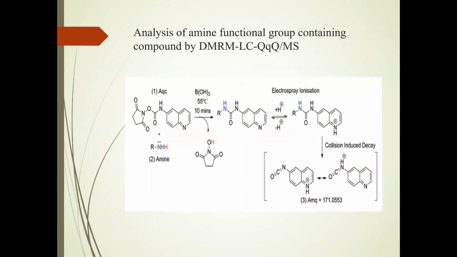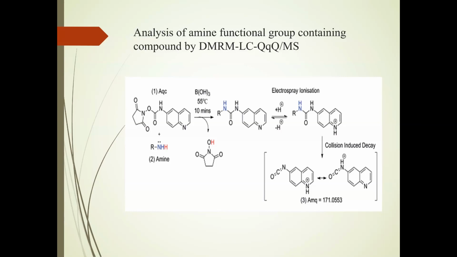From the metabolomics work, I'm just telling you about the MRM LC-triple quad work. We developed an AQC-based derivatization of amines, which produces a specific derivative of amines, and it was dissociated in the mass spectrometer.